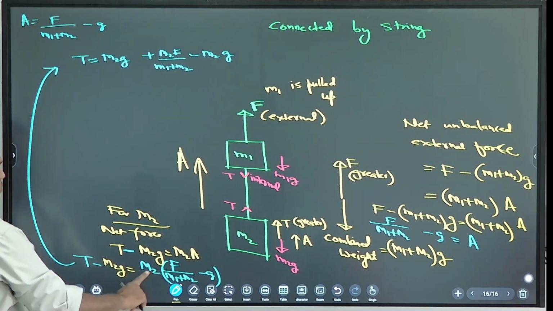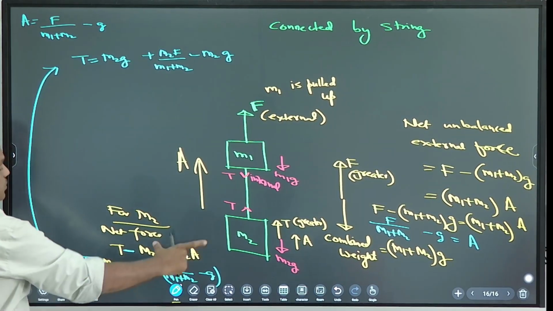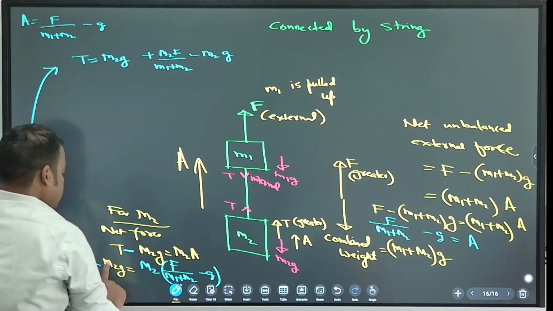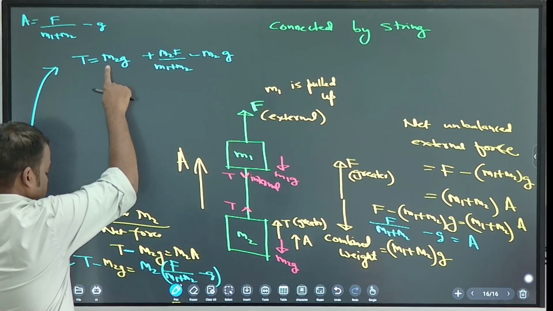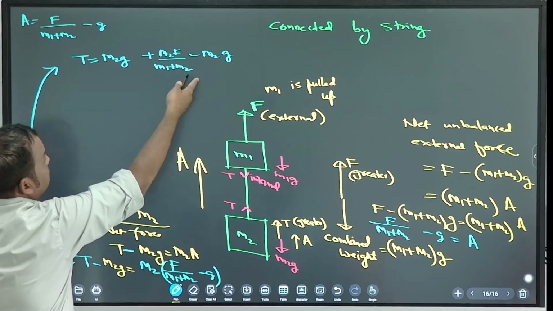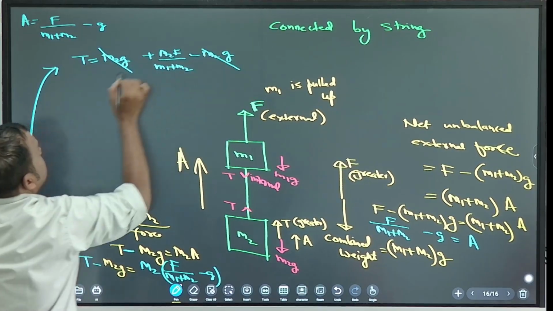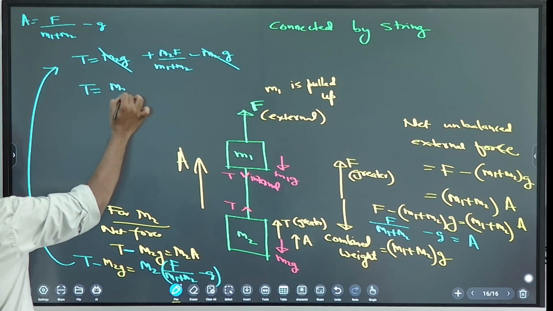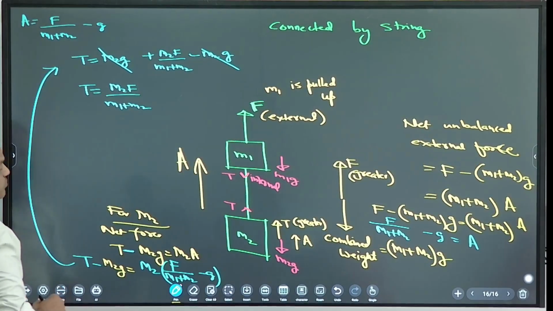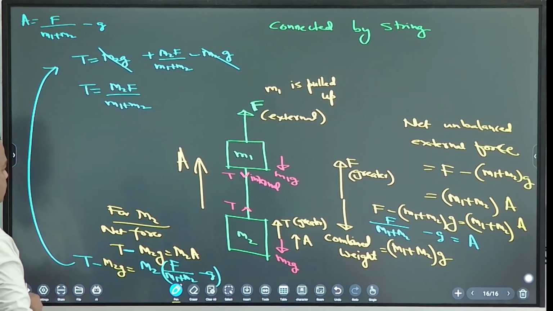So T minus m2g is equal to m2 into bracket F by (m1 plus m2) minus g. So T is equal to m2g plus m2F by (m1 plus m2) minus m2g, okay, this cancels. So T is equal to m2F by (m1 plus m2). Okay, once you check.